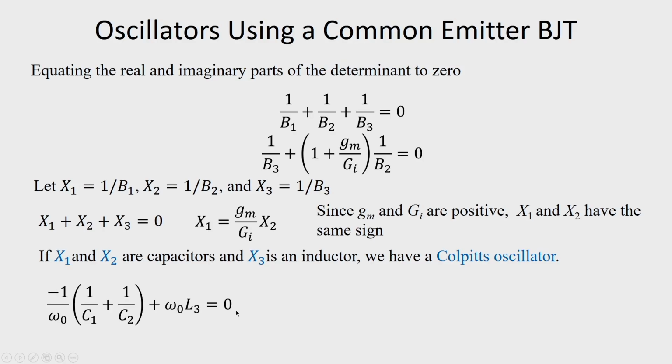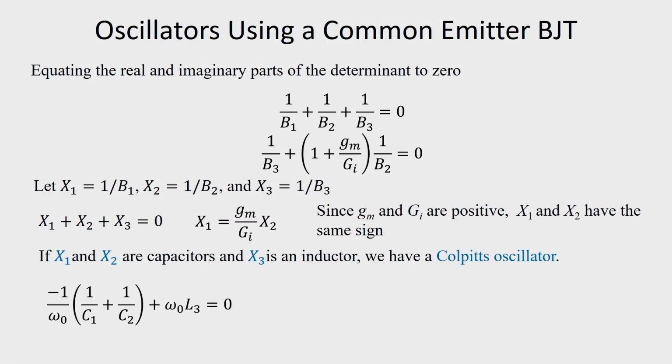So, here omega naught is the frequency of oscillation where this relation is satisfied, and solving for omega naught we get the frequency of oscillation, which is given by the square root of 1/L3 into (C1 + C2)/(C1 C2). So, this omega naught is the frequency of oscillation of the circuit.